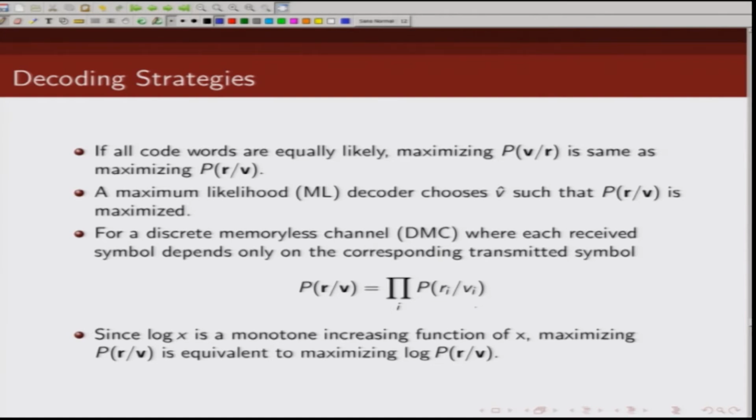Since log of x is a monotonically increasing function of x, maximizing this probability is equivalent to maximizing the log of the probability of R given V. If we do that, then this product becomes a summation, with some log term here, and this is much easier to compute.